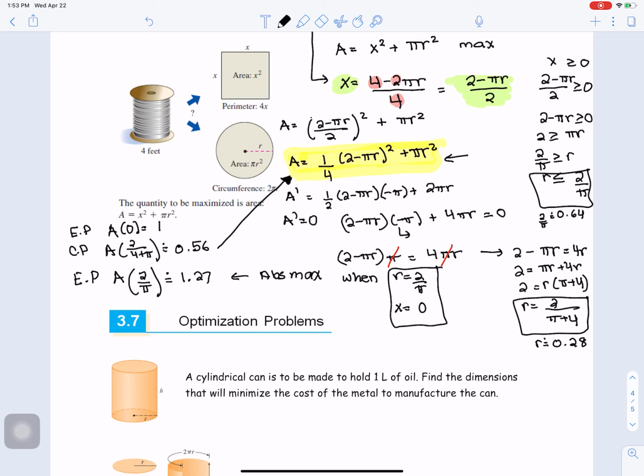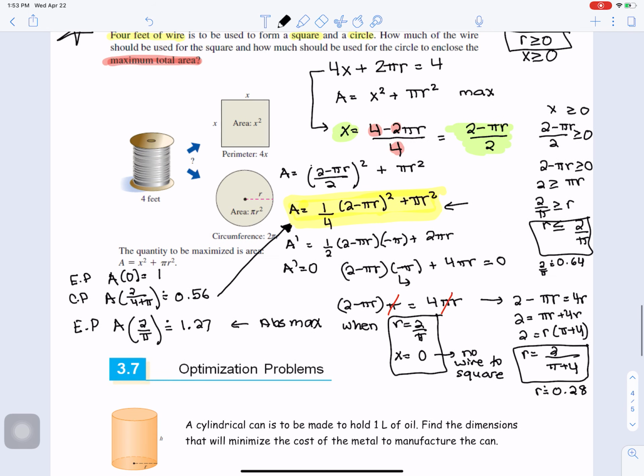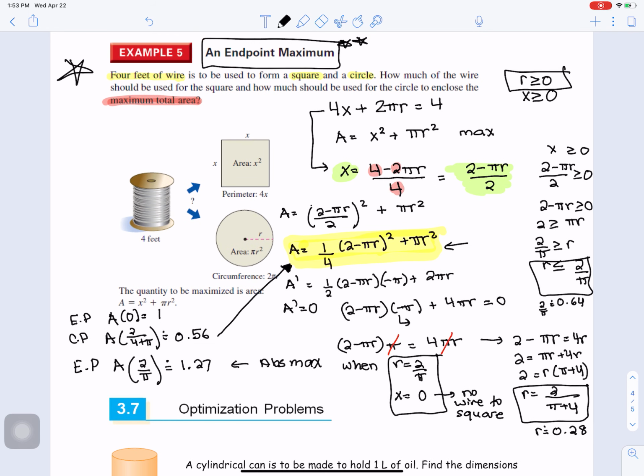And that's producing my absolute max. So it's saying that x is 0, no wire to the square. That means all the wire is going to the circle, and I'm producing the absolute max.